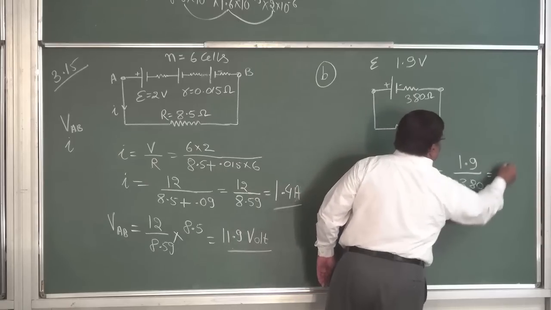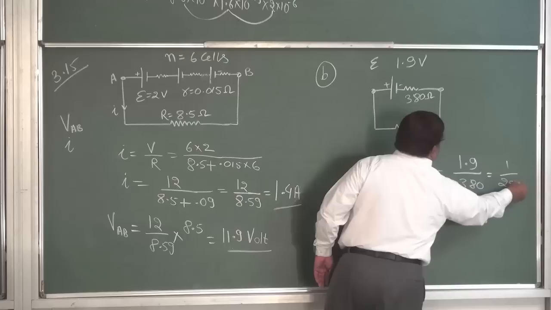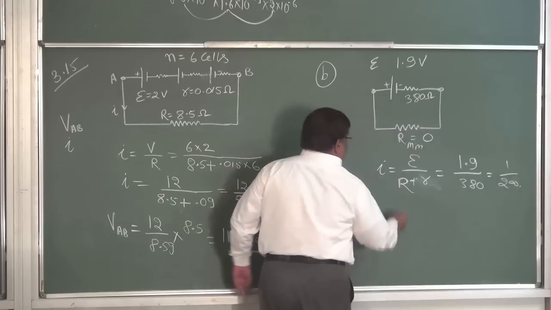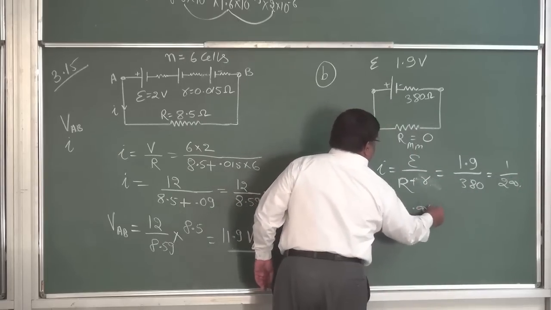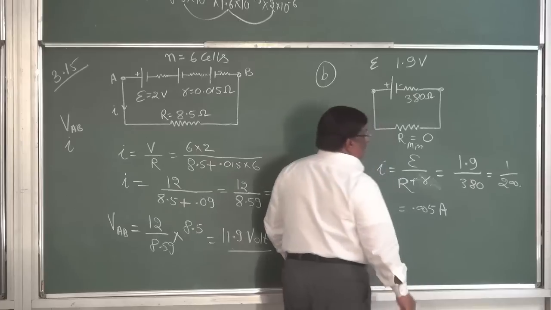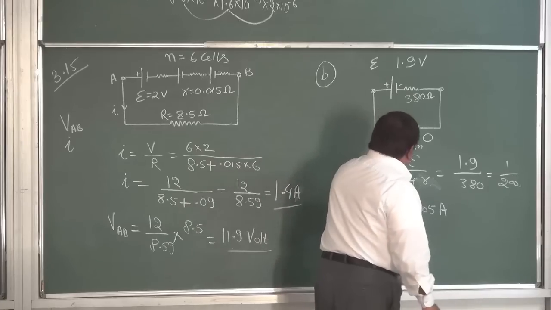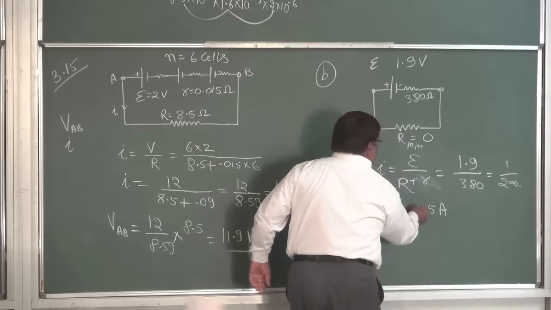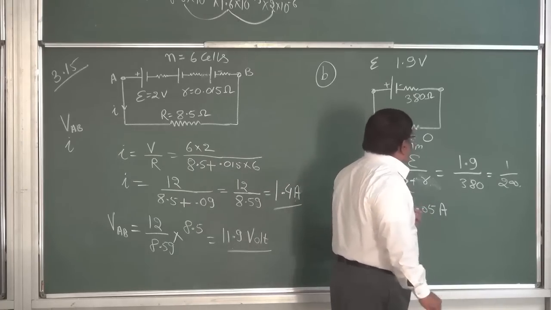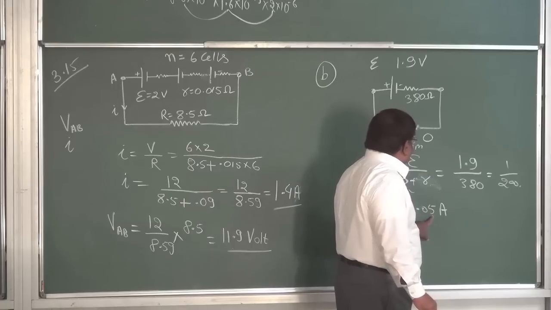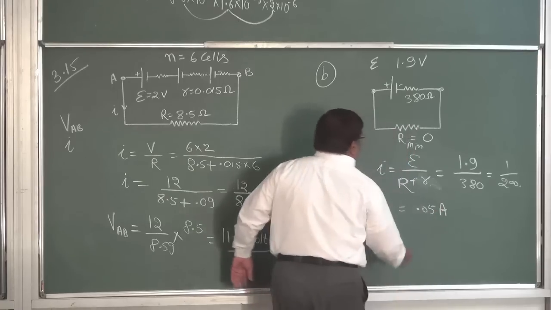And this is 1 upon 200, which is 0.005 ampere. Now this current is such a small current that it cannot drive any car.